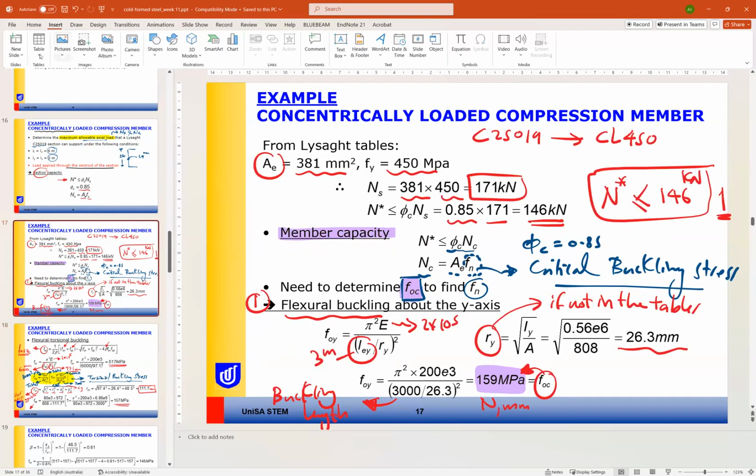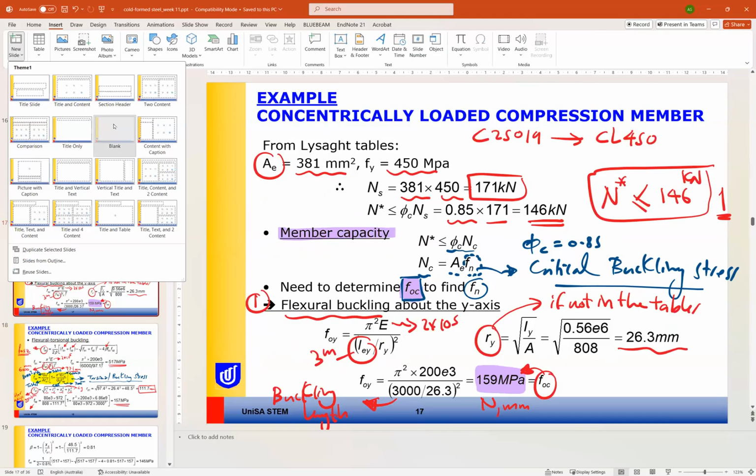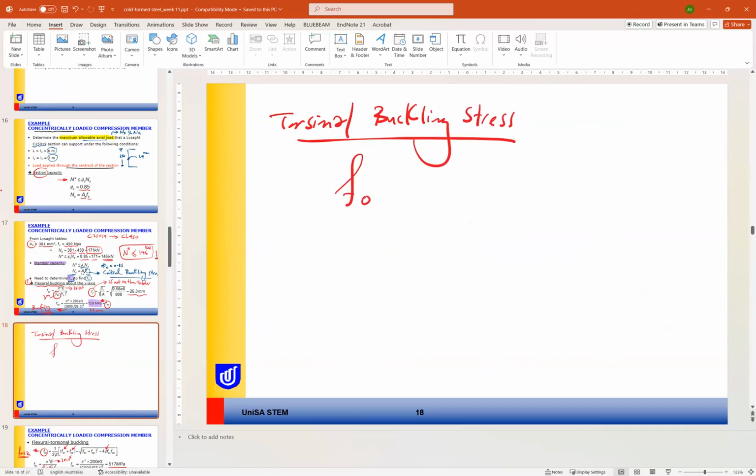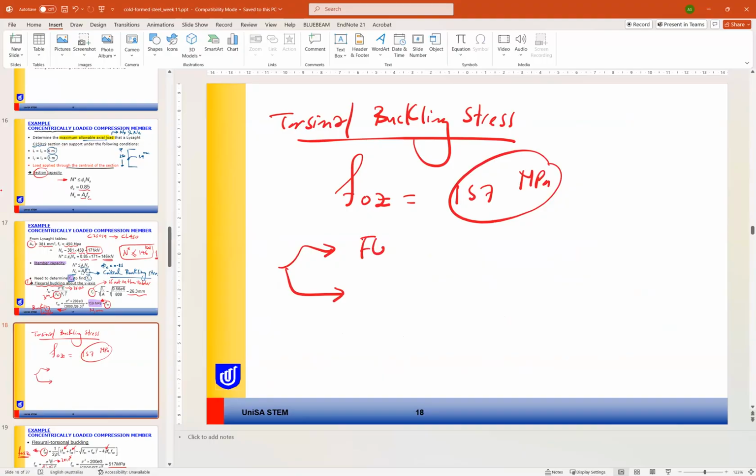For this example, maybe it doesn't show directly. So for torsional buckling stress, we need to find FOZ. FOZ is 157 MPa. So if we compare, we have two cases now. We have flexural buckling and torsional buckling.